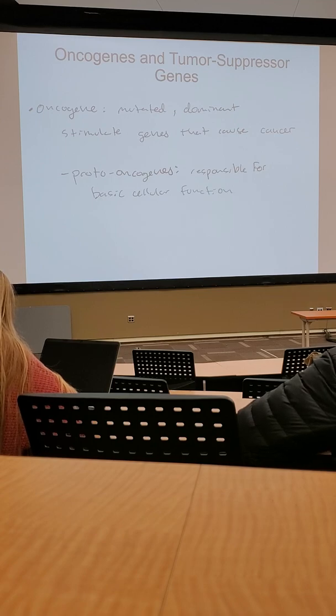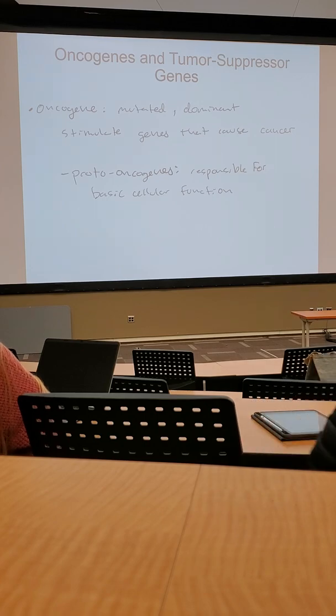Basic here doesn't imply a simple function. Basic means a necessary function, something that has to happen in all cells all of the time, so that any mutation, boom, right? Genomic increase in expression.